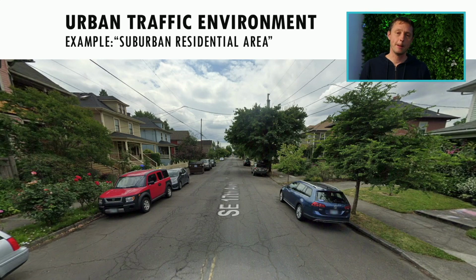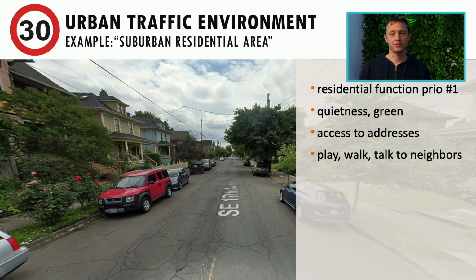But here I think it's suburban, so it's quiet, it's green, there's enough space, but it's mainly meant just for living. It's residential. And residential also means your kids should be able to play outside in a safe way. You should be able to meet your neighbors, and it should not be too busy.